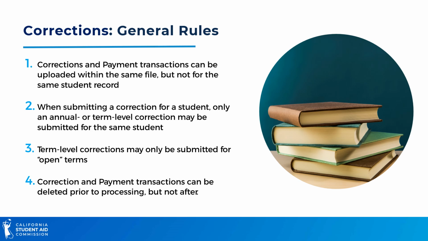Multiple term level corrections are allowed within the same file. We will discuss the correction process hierarchy on the next slide. Term level corrections may only be submitted for open terms, and schools can delete correction or payment transactions before the file is processed, but not after.